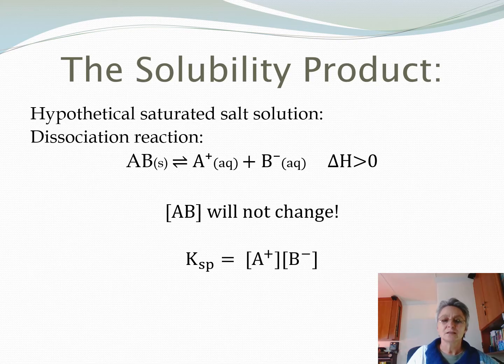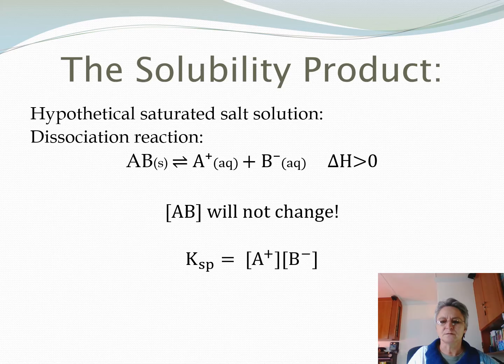So we call Kc the Ksp, meaning the solubility product of the dissociation of the salt. The solubility product is the Kc value for salts in solution, where it depends only on the product of the concentrations of the ions in the solution.